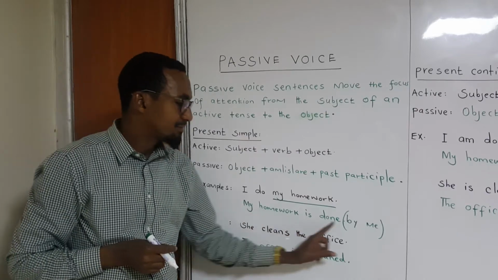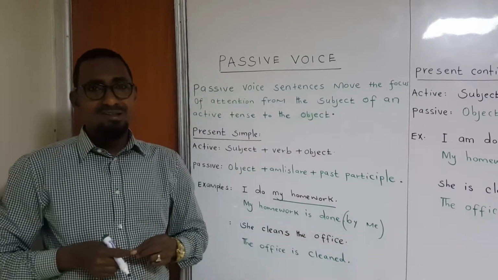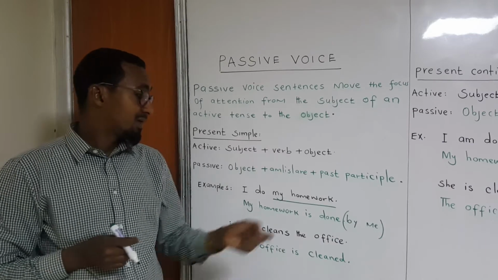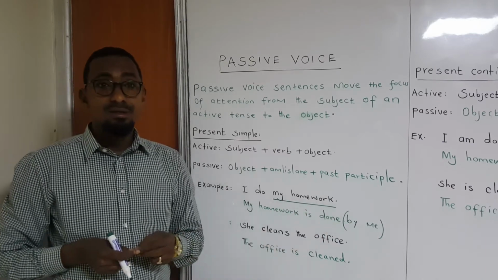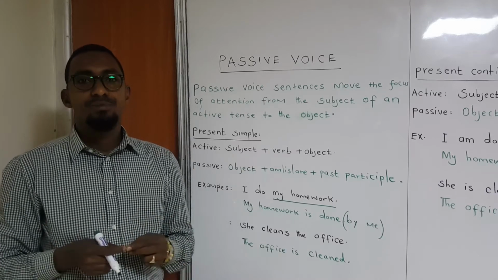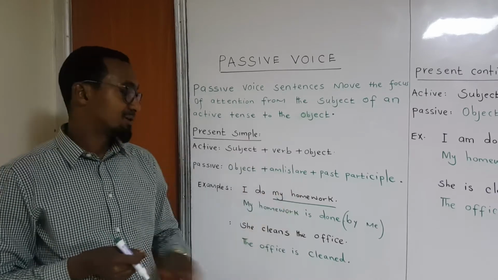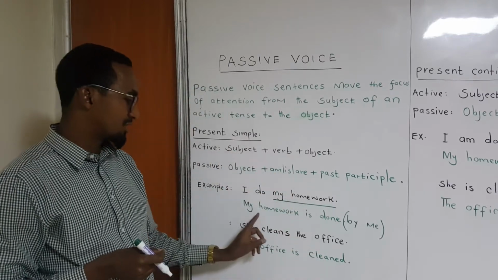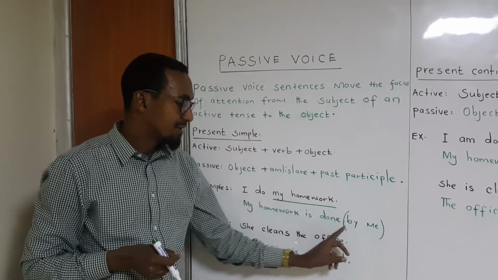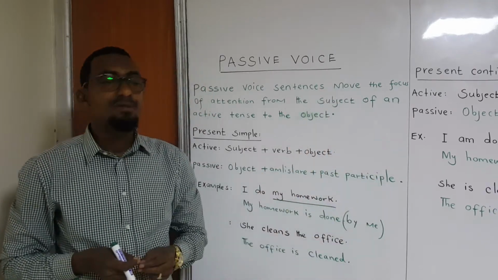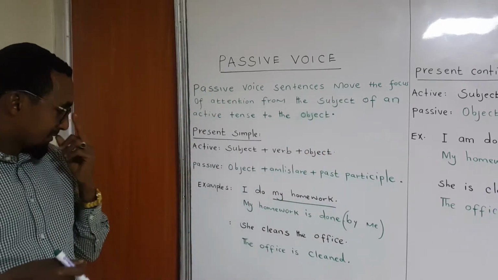So, my homework is done by me, but in most cases it's not necessary. This is because the agent is understood. So we don't need it in most cases, but if you want, you can say my homework is done by me, or we omit the agent.